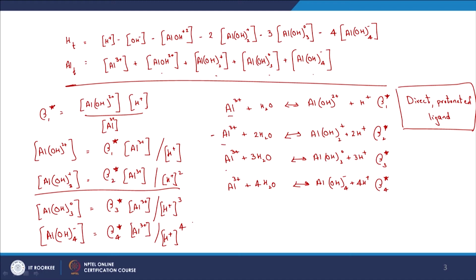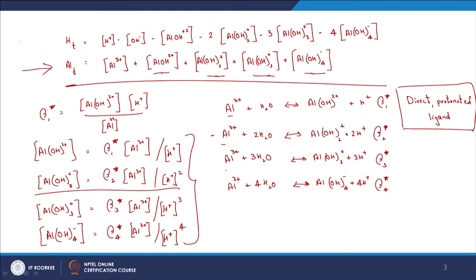So again here we can now express this particular equation in terms of just Al3+, right, by substituting the relevant equations which we just developed. We can replace all these 4 variables, all the concentrations of the complexes, in terms of Al3+, beta 1 star and H+, right.